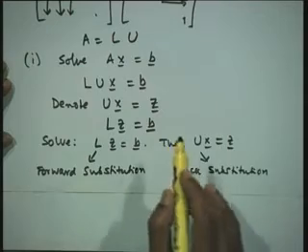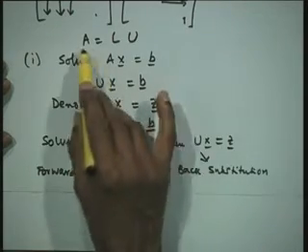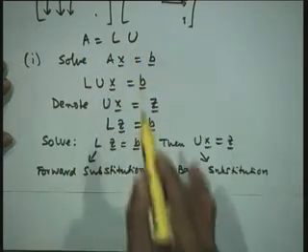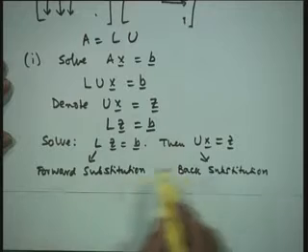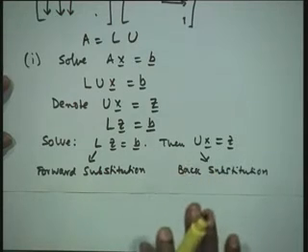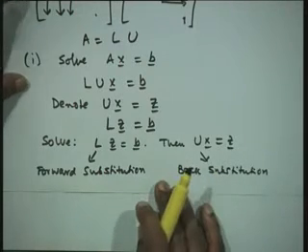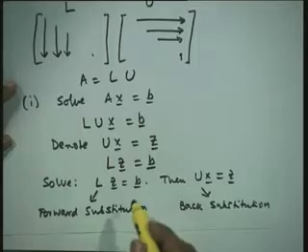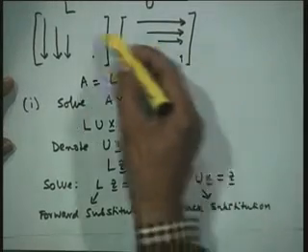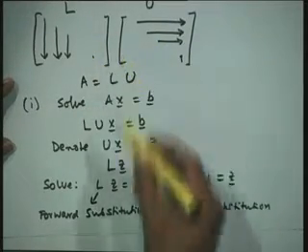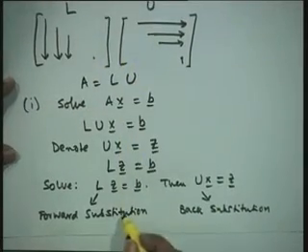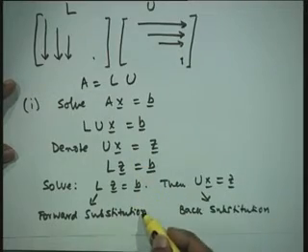Therefore, besides the decomposition of A into L and U, I need one forward substitution and one back substitution to get the complete solution of the problem. Obviously, the bulk of the work is only in the decomposition of A into L U. We can give the exact number of operations that take place because these are simple forward substitutions.